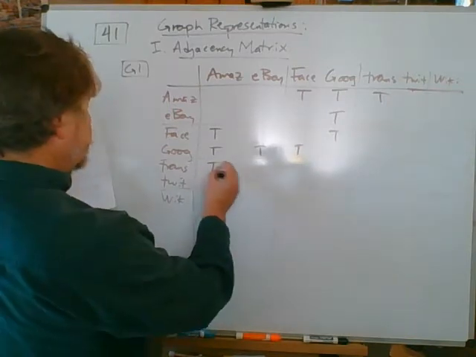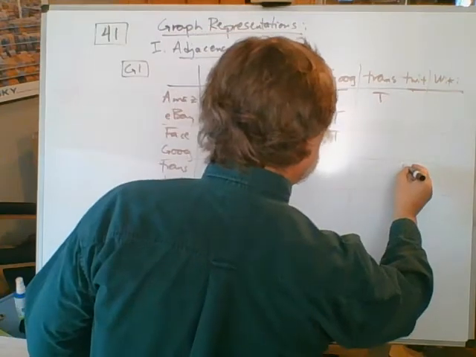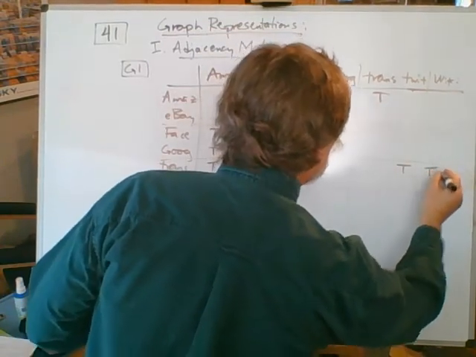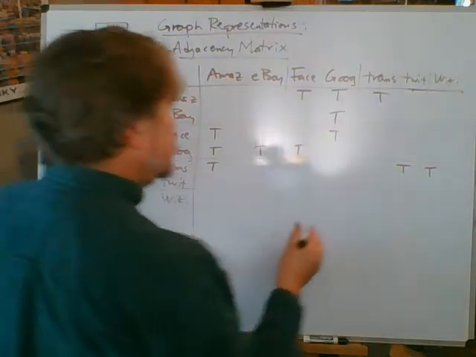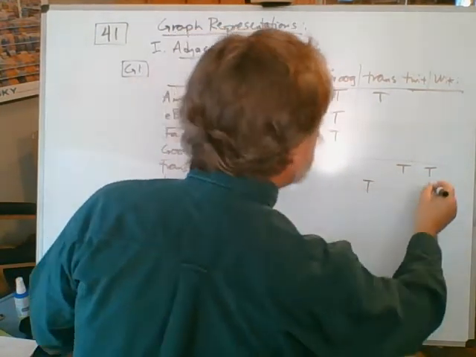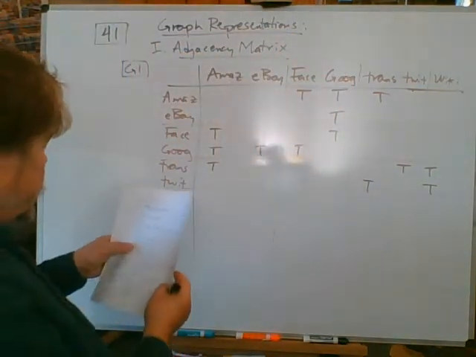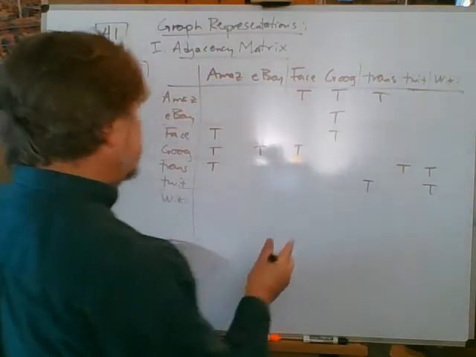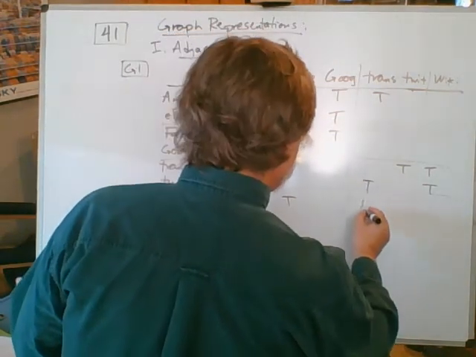Transylvania, only Amazon, no, Amazon, Twitter, and Wikipedia. And Twitter is adjacent to Transylvania and also Wikipedia. You can double check these. You have that picture of the graph right in front of you in your notes. Wikipedia is adjacent to Facebook and Transylvania and Twitter.